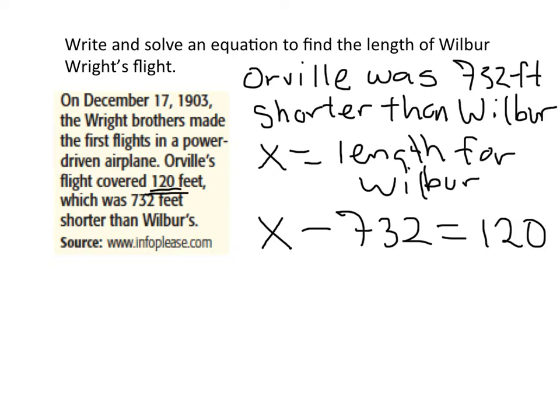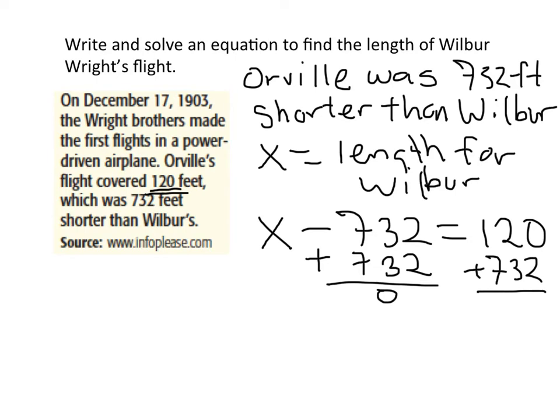So now all I have to do is isolate the x. I can't isolate it until I get rid of the subtract 732. The inverse of subtraction is addition. In order to get the 732 to 0, I must add the exact same number. Whatever I do on one side, I do to the other. Bring down the x.